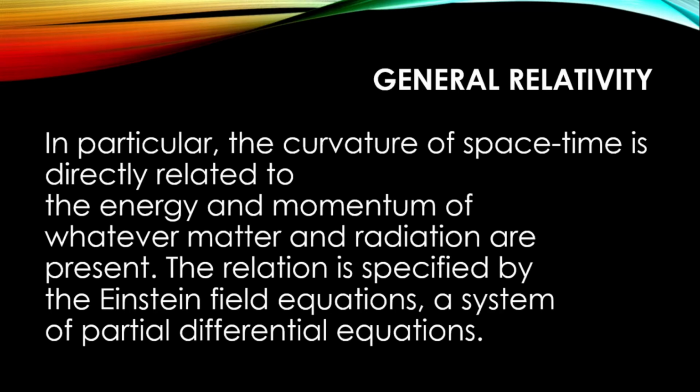In particular, the curvature of space-time is directly related to the energy and momentum of whatever matter and radiation are present. The relation is specified by the Einstein field equations, a system of partial differential equations.